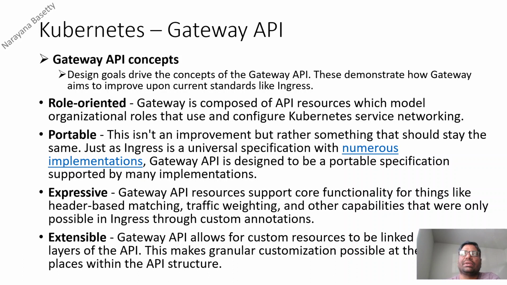That means whenever we are building any application, there is a development team, a cluster-managing team, and an infrastructure provider. Whenever any request comes, there should be a routing mechanism that gives us a role for each. Everybody has their own roles.